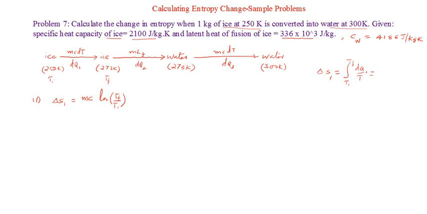It becomes the integral from Ti to Tf of mc dt over T. In the first case it's ice to ice, so the heat capacity of ice should be taken, m c ice dt over T. On integrating, you take mc outside and get mc log Tf by Ti, which I have used here.